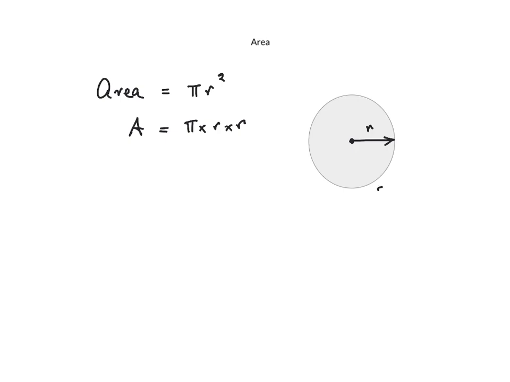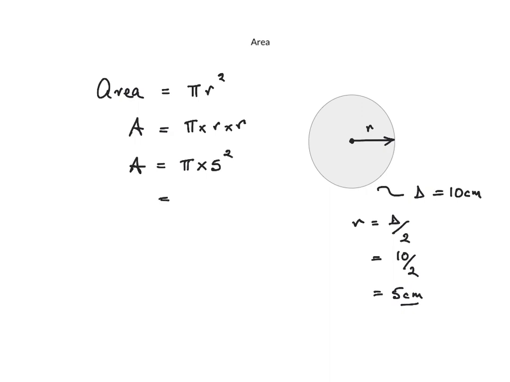So let's just say that this circle has a diameter of 10 centimeters. Well, the radius is the diameter over 2. It's half of the diameter, so it's 10 divided by 2, which is 5 centimeters. So the area then will be pi times 5 squared.